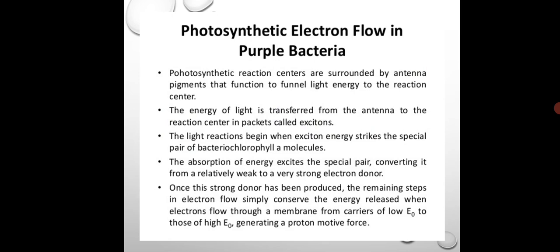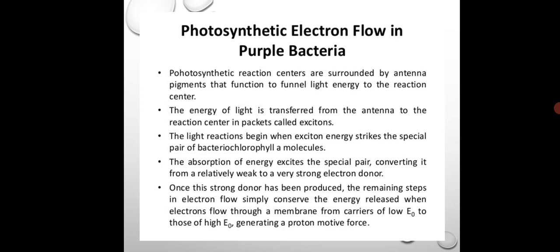So the second point to keep in mind is that purple sulfur bacteria can accept electrons from hydrogen sulfide or sulfur, and purple non-sulfur bacteria can accept electrons from hydrogen or any hydrogen compound, and the mechanism of flow of electrons is the same in both.